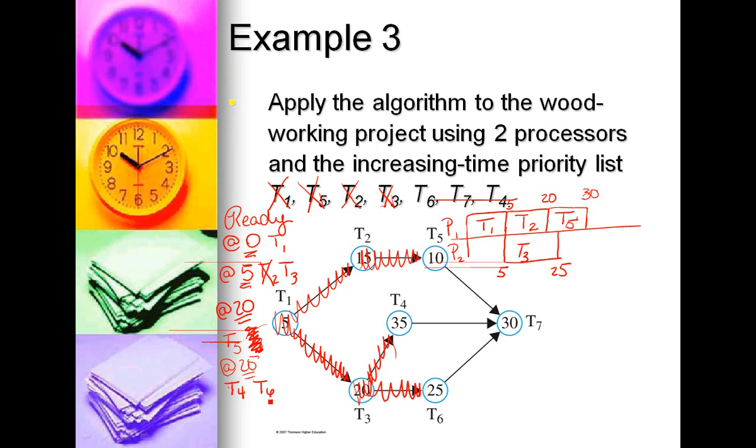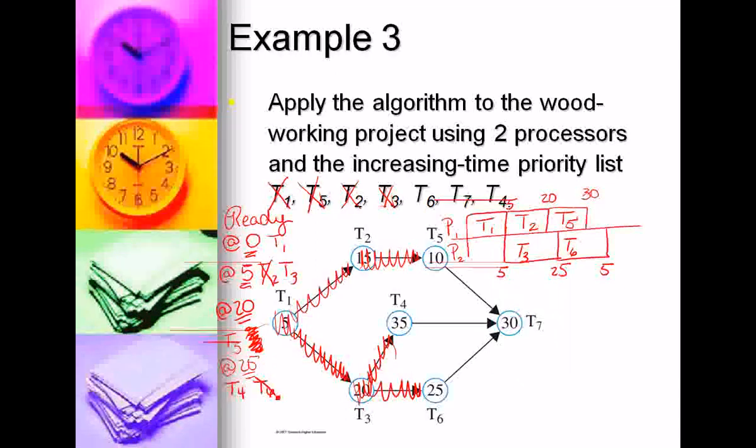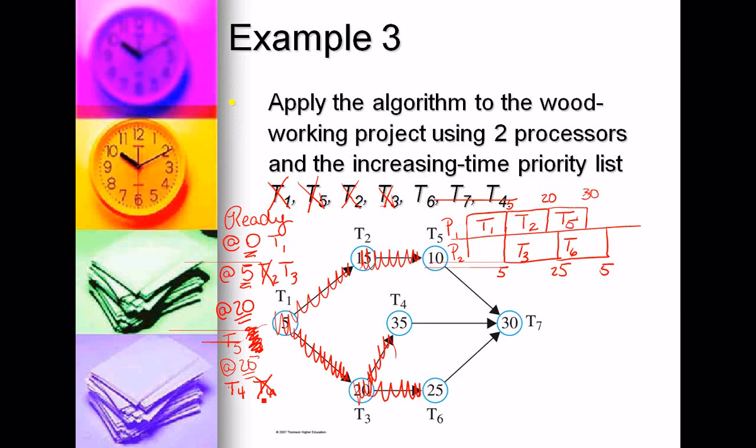Since we have a choice for that 25-minute time slot, we want the highest priority task. Highest priority task is T6, on the lowest numbered processor where we have a 25-minute time slot, which is P2. So T6, 25 minutes, takes us out to 50. Now I don't have another 25-minute time slot, so I'm going to keep on going.